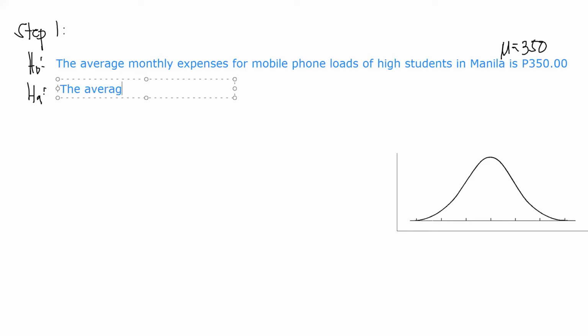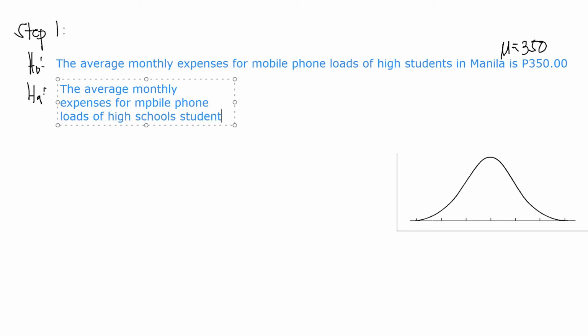So the average monthly expenses for mobile phone loads of high school students in Manila is greater than 350 pesos. Why greater than?